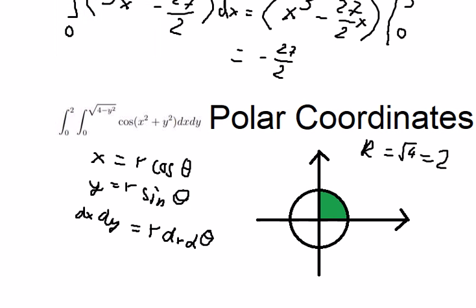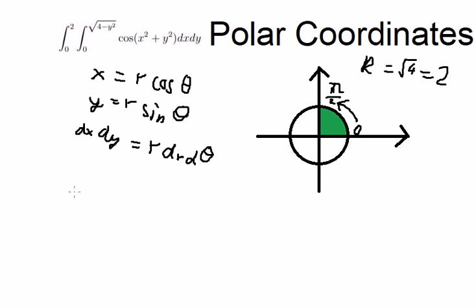So from this point is 0, this one is pi over 2. So we can create the new integrals in here. Should be from 0 to number 2, and here is from 0 to pi over 2. And now we change this one.